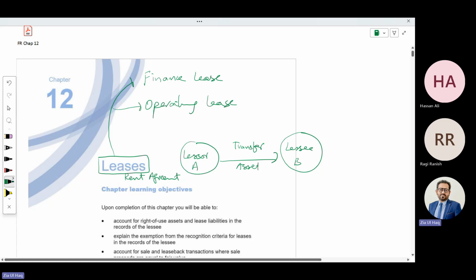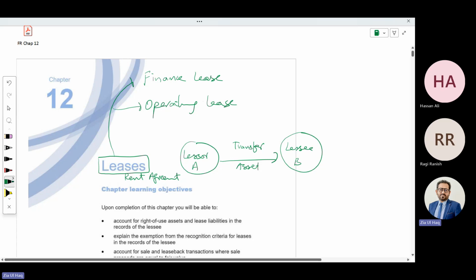The person who is transferring the asset is called the lessor, and the person who is receiving the asset is called the lessee. The lessee will make payment to the lessor, the first owner of the asset. The lessee is the one to whom ownership is going to be transferred. Can you understand what a lease is?